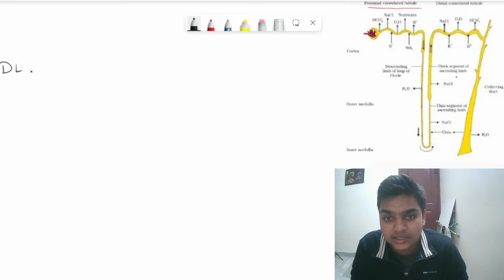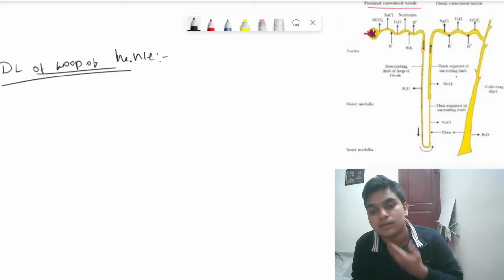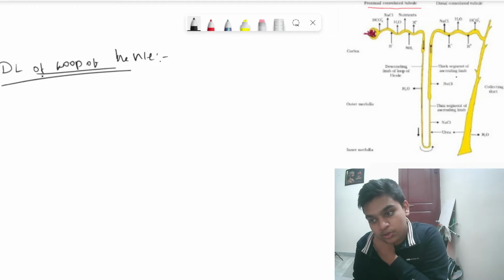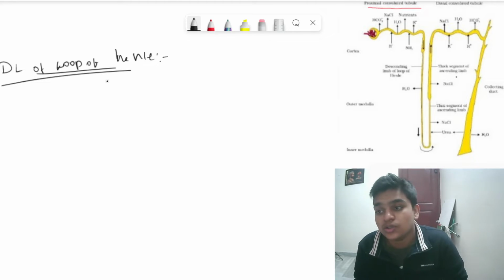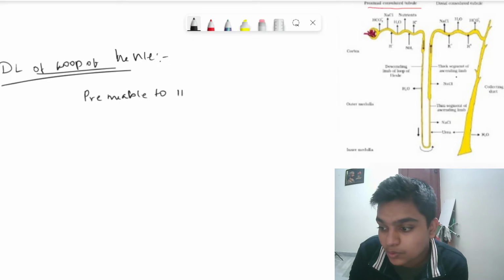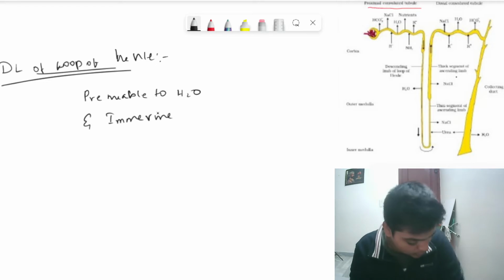Descending limb of loop of Henle, or you can call it descending limb of Henle's loop, either way. Now it is permeable to water and impermeable, sorry, to ions.